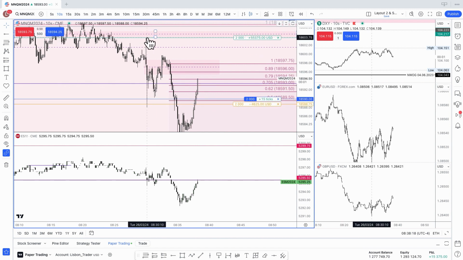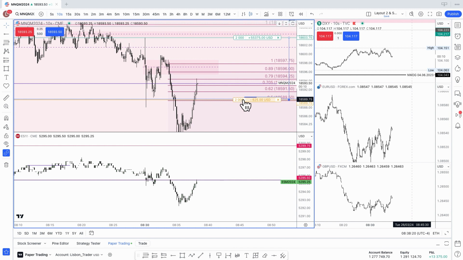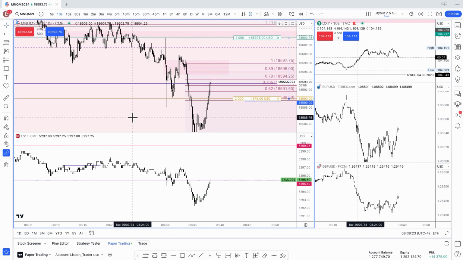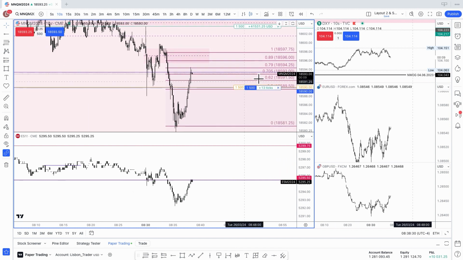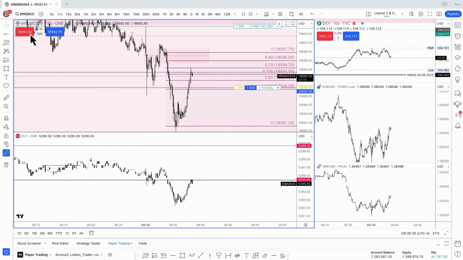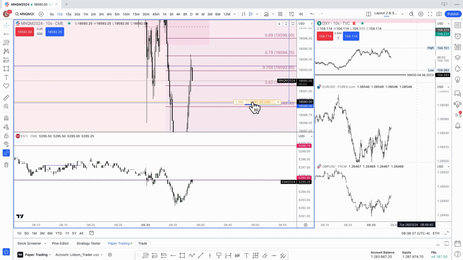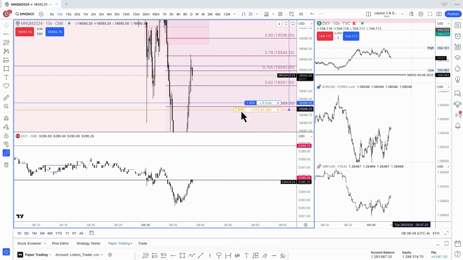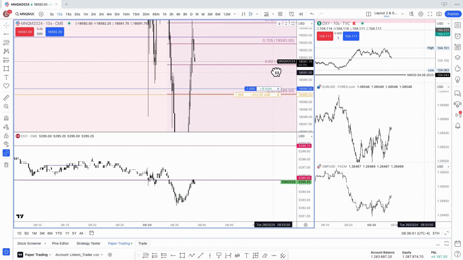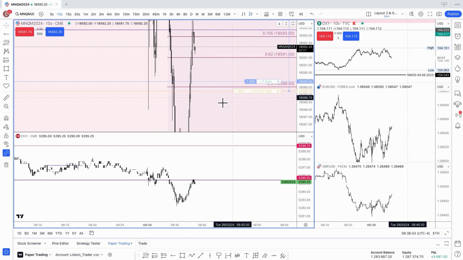Now I want to see this buy side taken. Although we are at OTE for the going lower, so let's see what will happen. My stop goes below this equilibrium level.